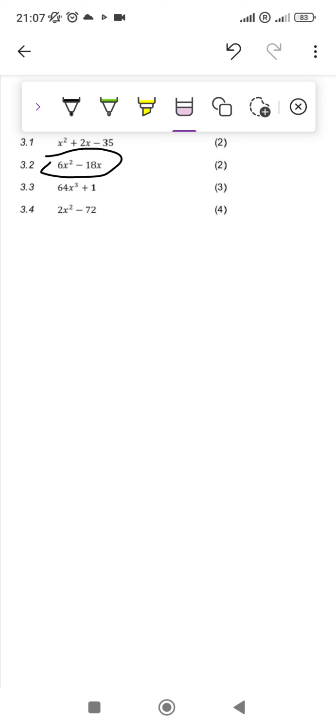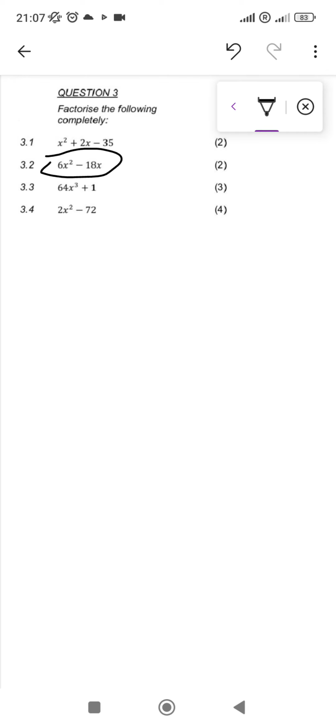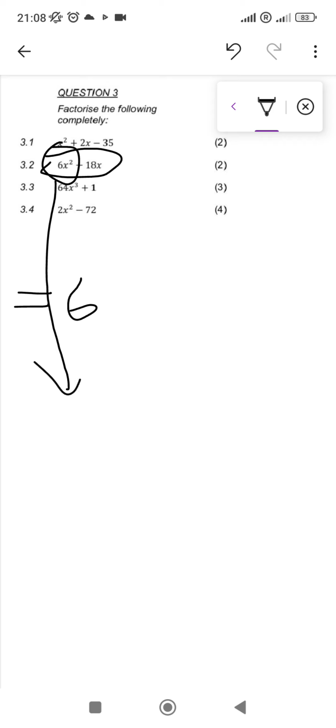When we're looking at 3.2, we're looking for the highest common factor, and we now notice that the 6 goes into both of them. However, there's an x in both of those as well. So let's just take a second to look at those. This first term here has an x squared, so there is an x times the x, that's what x squared is, and the second term over there has an x.